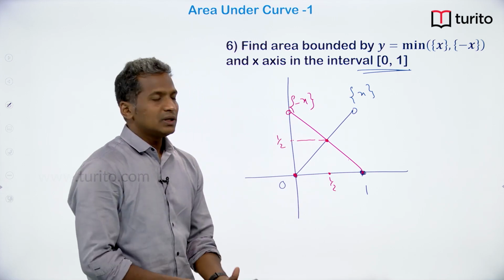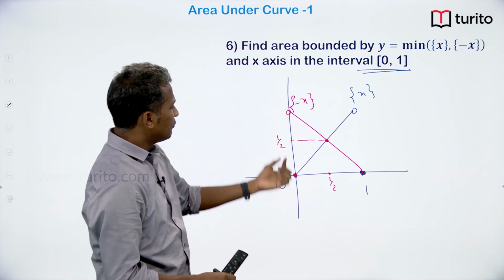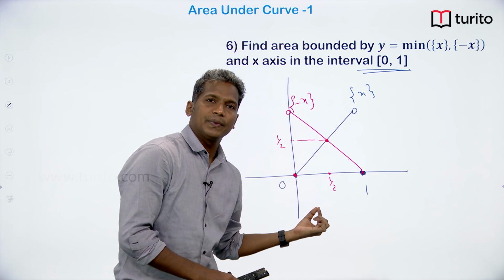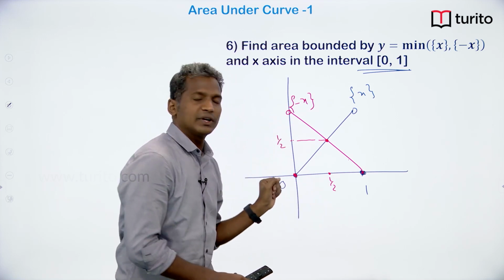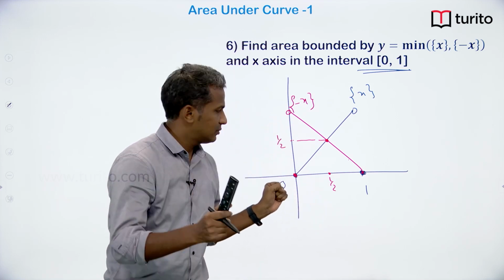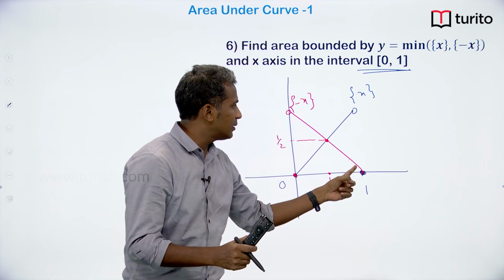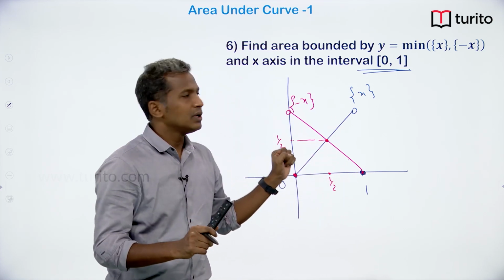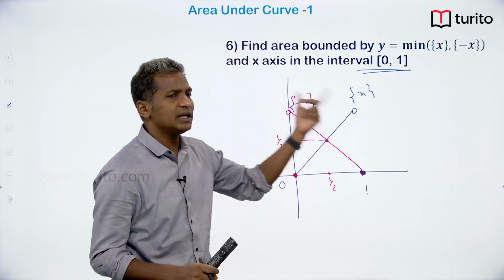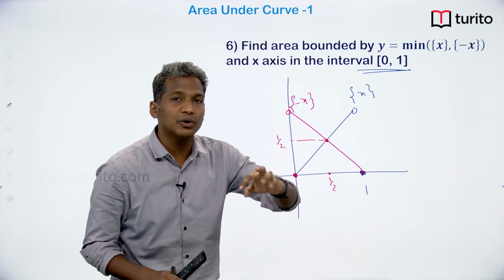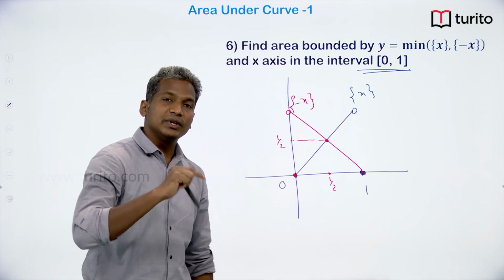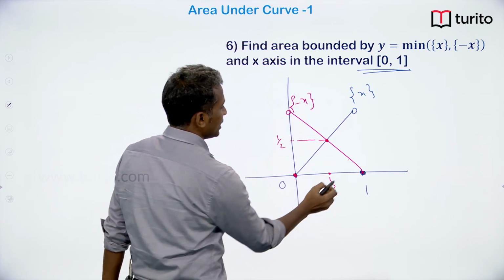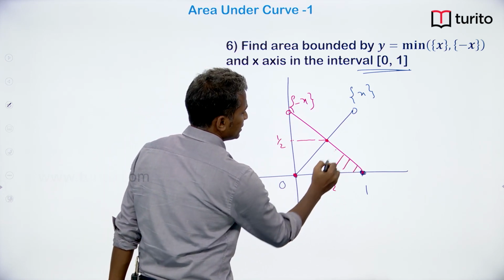Now from 0 to 1 by 2, out of these blue and red functions, blue is minimum, and from 1 by 2 to 1, red is minimum. We are interested in finding the area of only the minimum of these two functions with x axis. That means we are basically interested in this region.